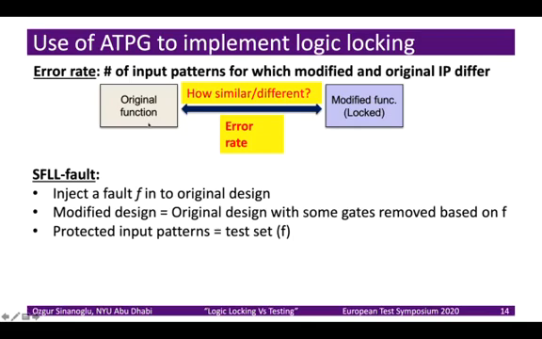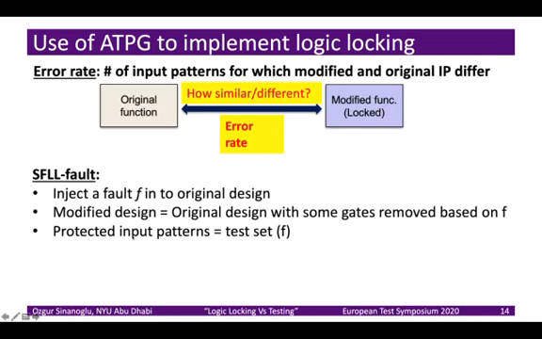And then we keep applying this as long as those constant values are propagated. So the modified netlist will be a reduced version of the original design. So some gates are removed from the original design, which is good because when somebody analyzes the modified netlist, they will not be seeing those removed gates.